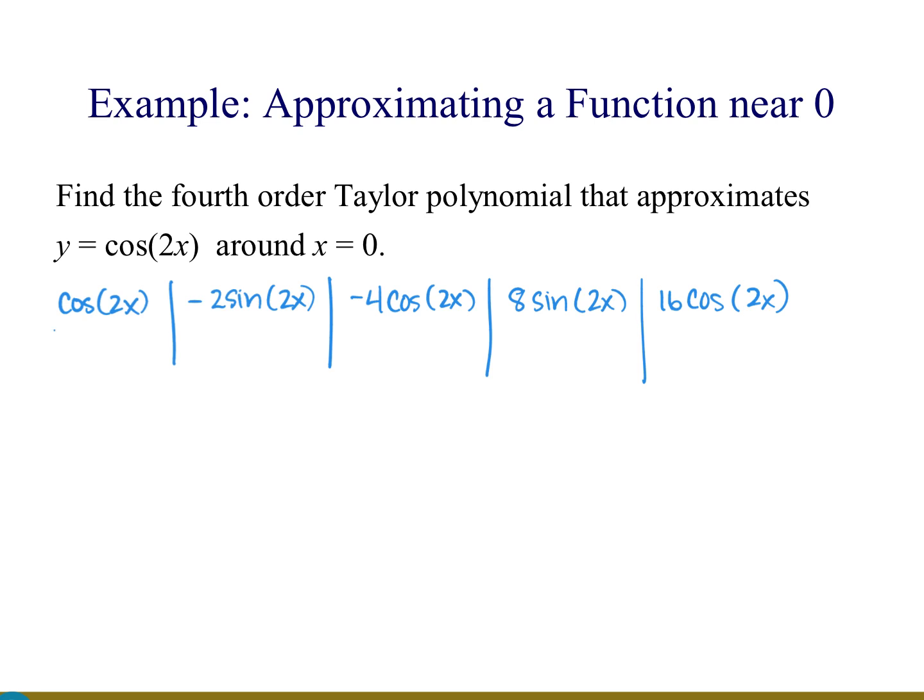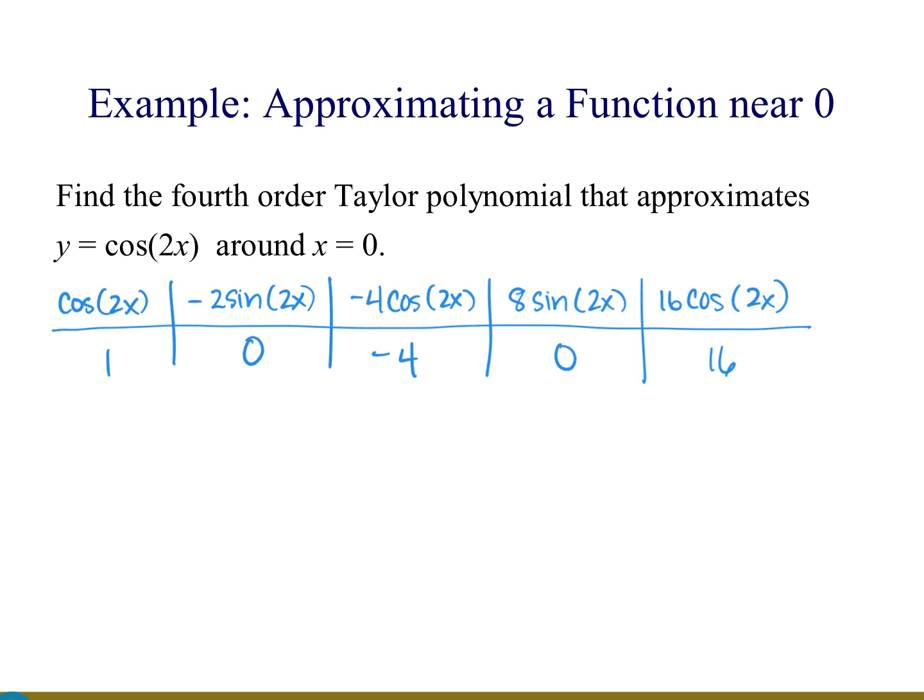And then for my own purposes, I usually then drop 0 in just to help keep me straight. So when I drop 0 into cosine 2x, I get 1. When I drop 0 into negative 2 sine 2x, I get 0. When I drop 0 into the next one, I'm going to get negative 4. And then I drop and I get 0 again, and then I'm going to get 16.